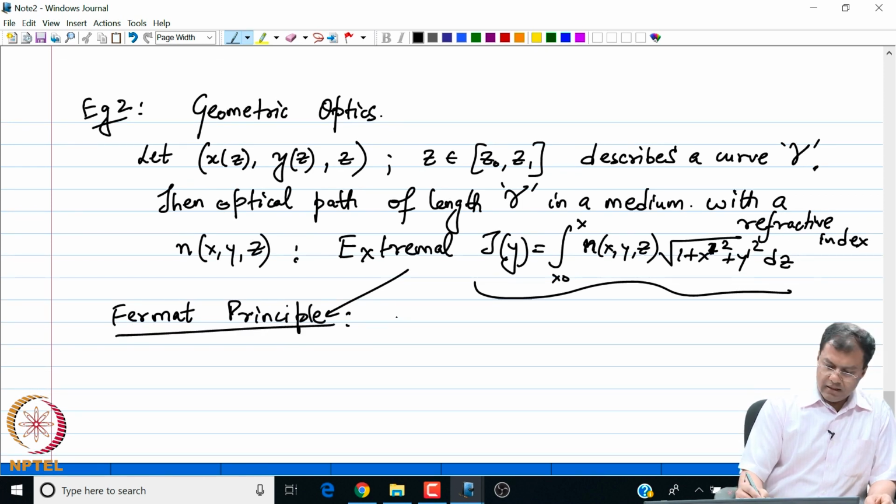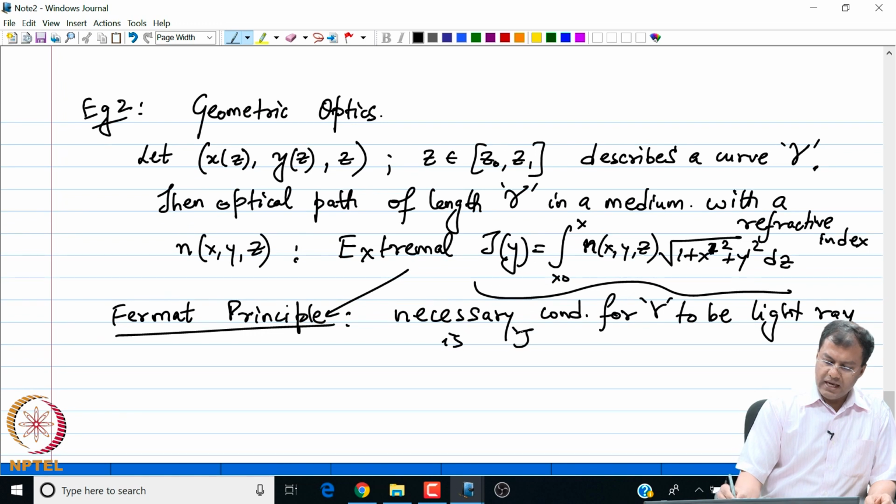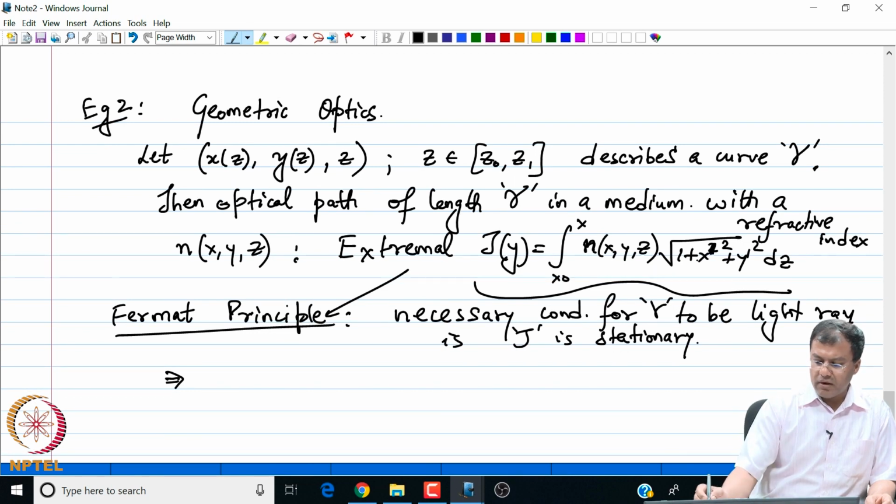I see that the necessary condition for gamma to be a light ray is that J is stationary or J has an extremum. In order to find the extremal of this functional, let me introduce a new set of variables.